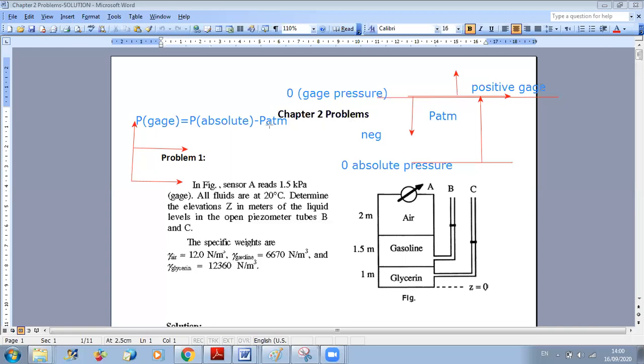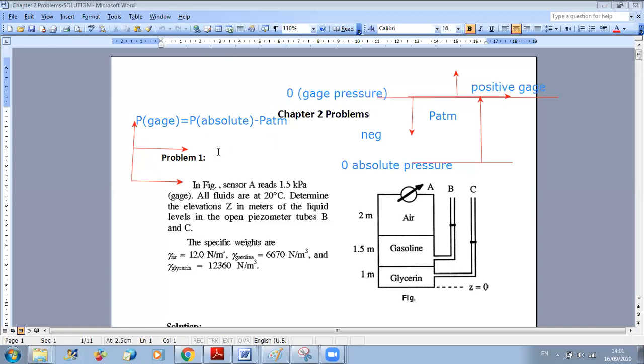So if you want to find the absolute pressure, all you have to do is P gauge plus P atmospheric. And because P atmospheric is the reference of the gauge pressure, if you are exposed to the atmospherical pressure, what will be the gauge pressure in this case? It will be 0.